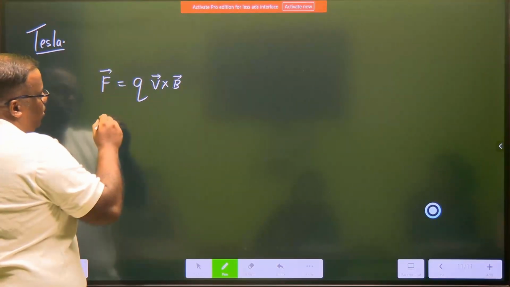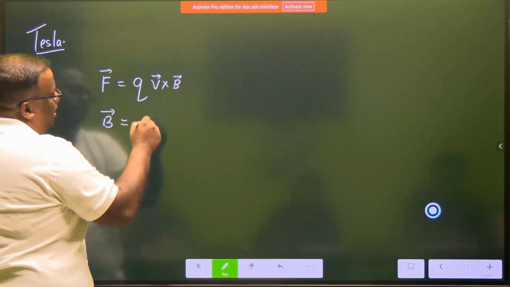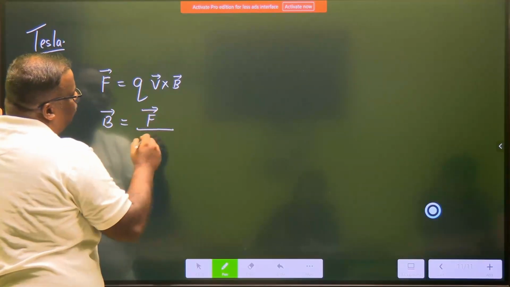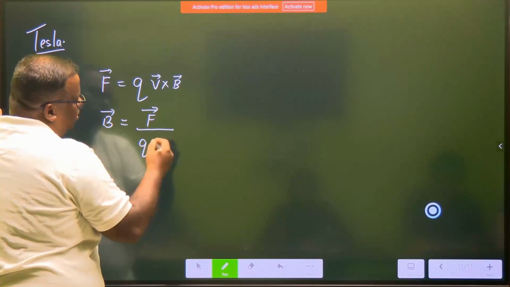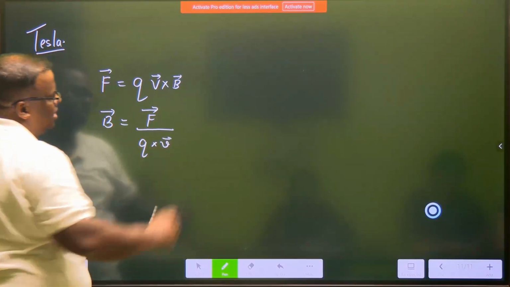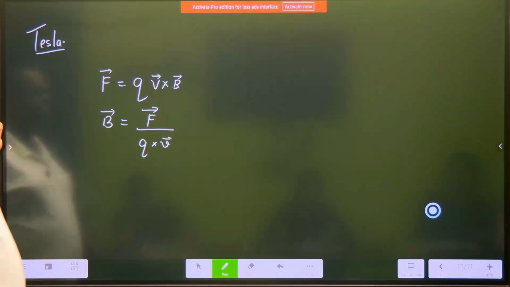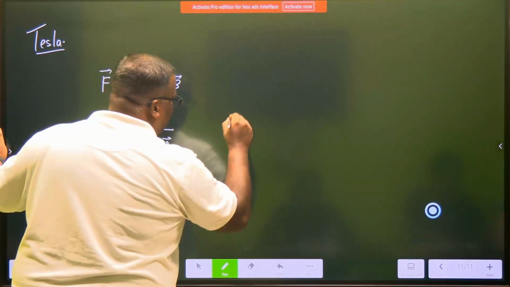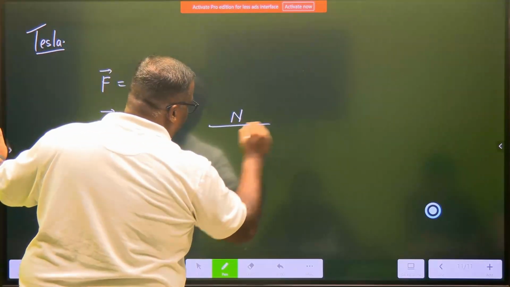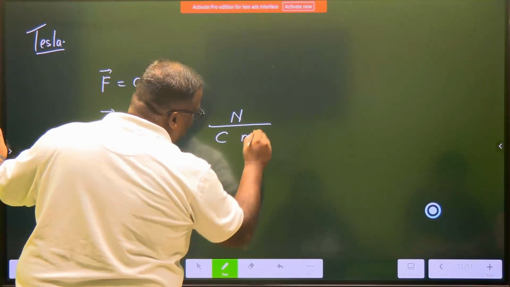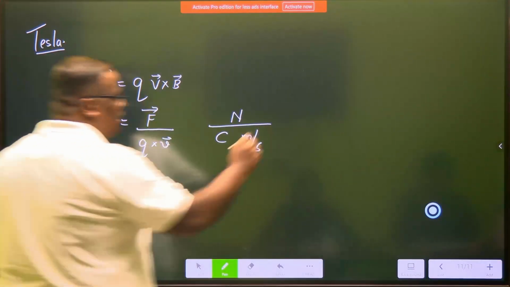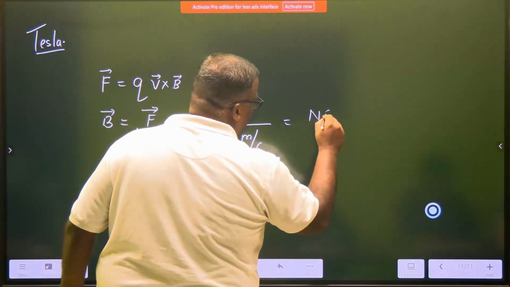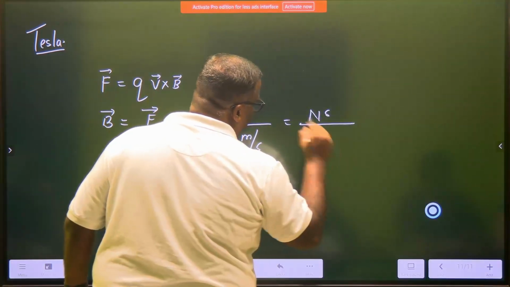Right. So if you want to separate B, it's F over Q into V, don't take it as a cross product. That means it's Newton divided by Coulomb times meter per second. Do you agree or not? That means it is Newton second divided by Coulomb meter.